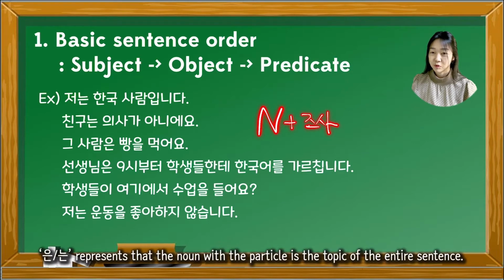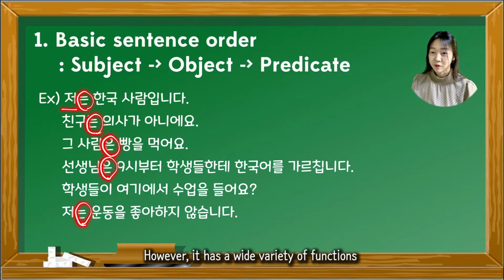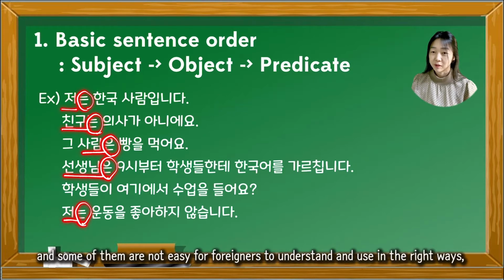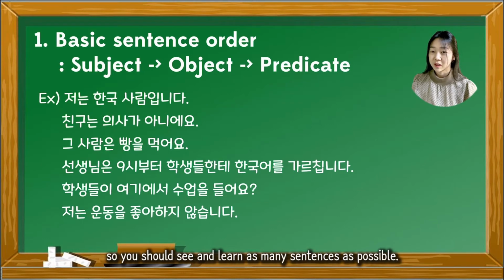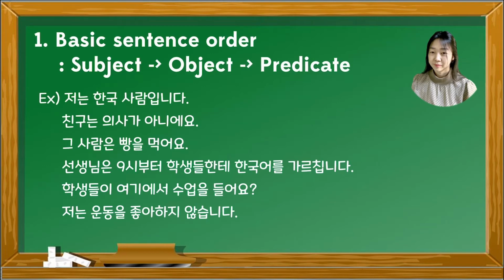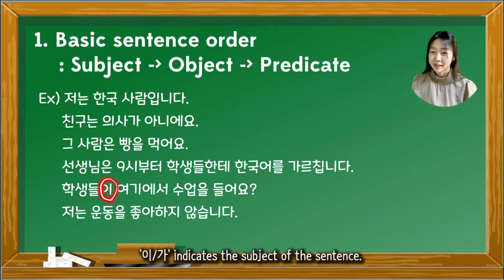는 represents that the noun with the particle is the topic of the entire sentence. However, it has a wide variety of functions, and some of them are not easy for foreigners to understand and use in the right ways. So you should see and learn as many sentences as possible. 이/가 indicates the subject of the sentence.